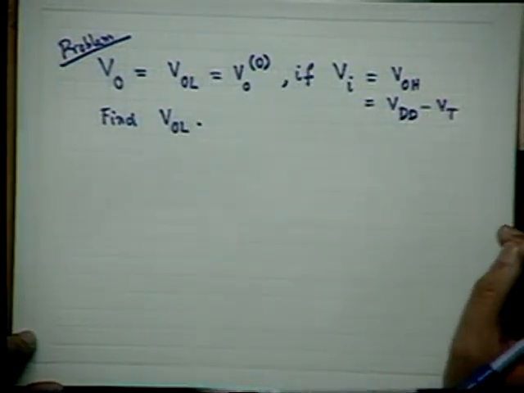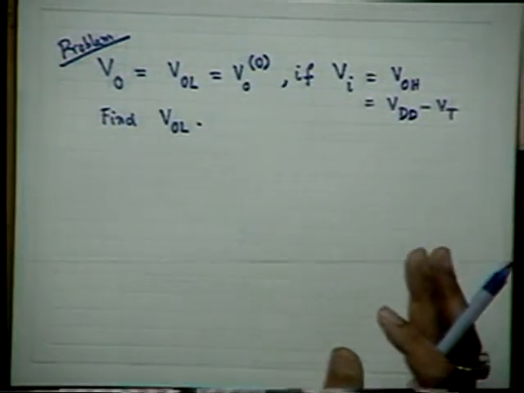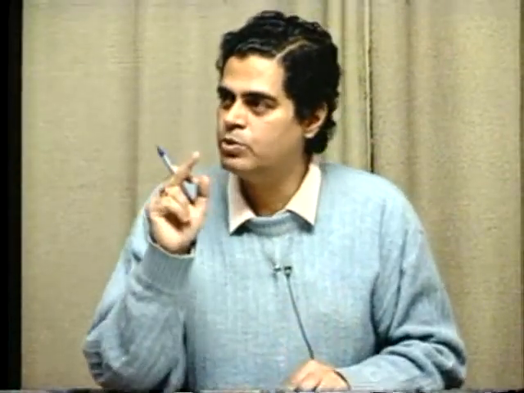Alright? Then suppose I want to know, for these two equations, what is the boundary, what are the corresponding values of input and output voltages for which the two input-output relationships will be valid. How to determine that?